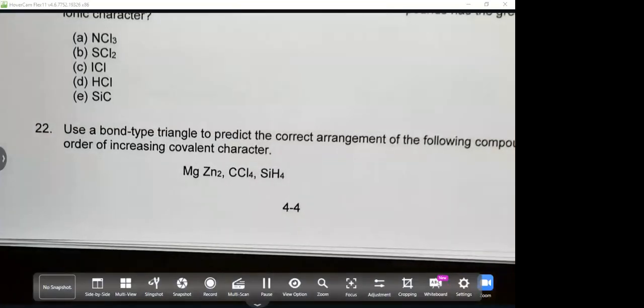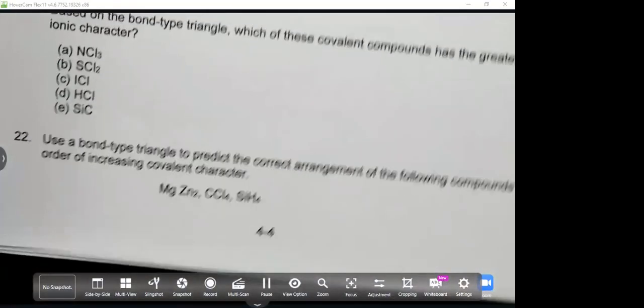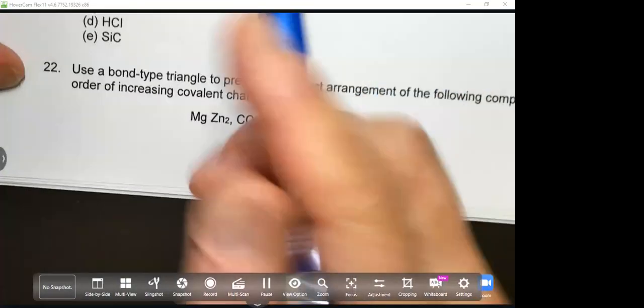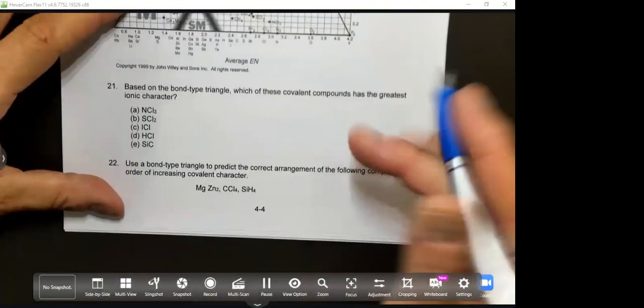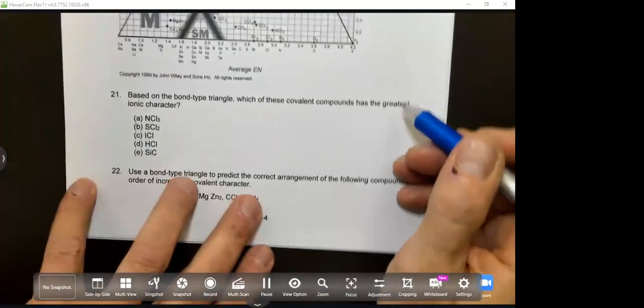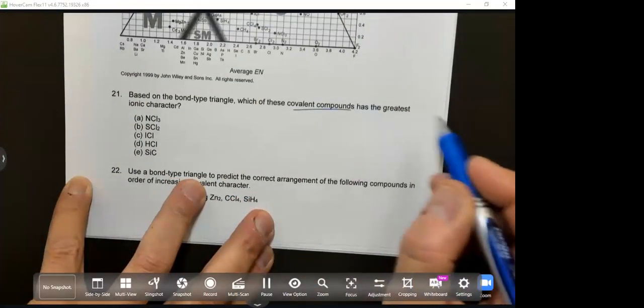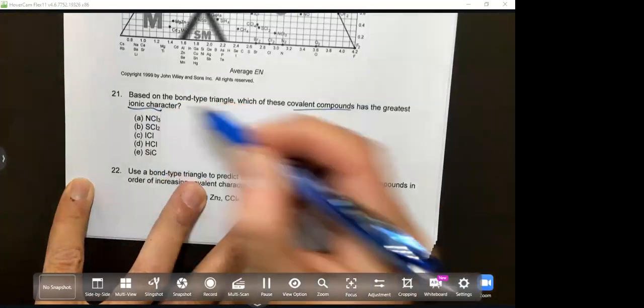Got a couple of minutes. Let's do the quiz question on the bond triangle. Let's see what it looks like. Number 21, based on the bond triangle on the quiz, which of these covalent compounds has the greatest ionic character?